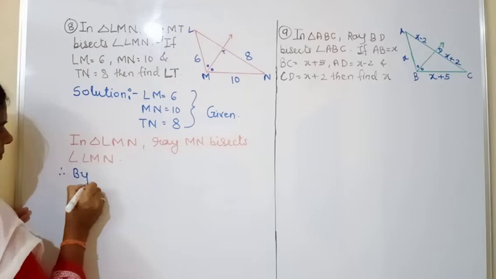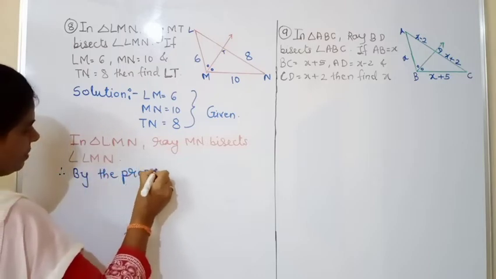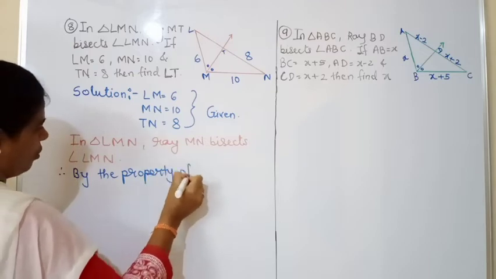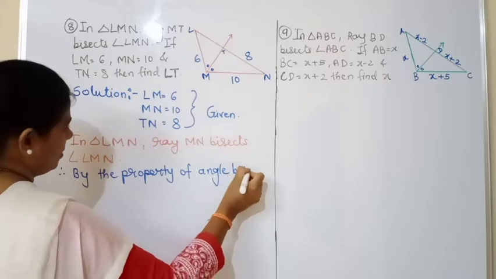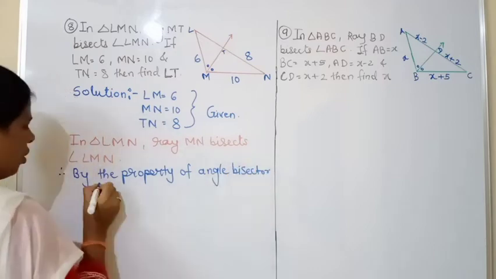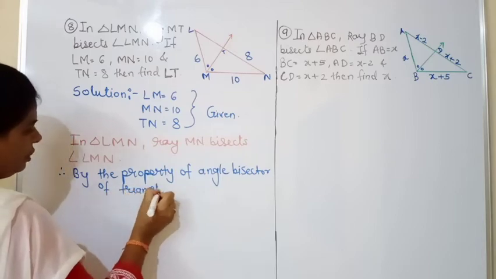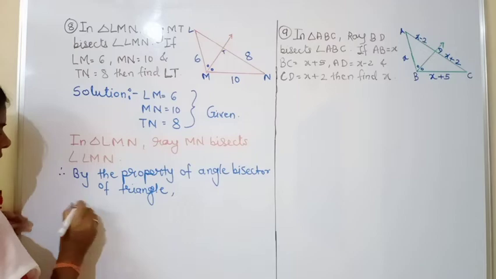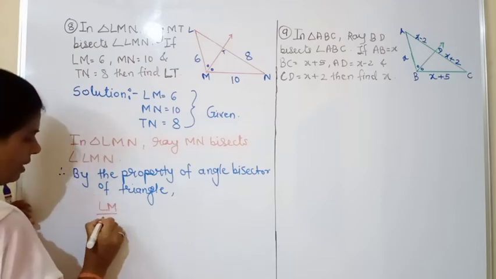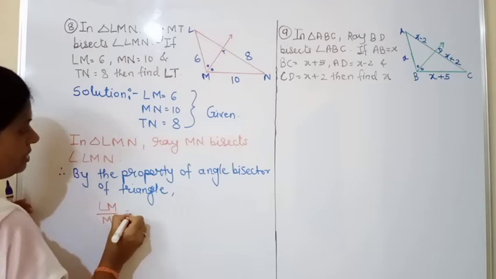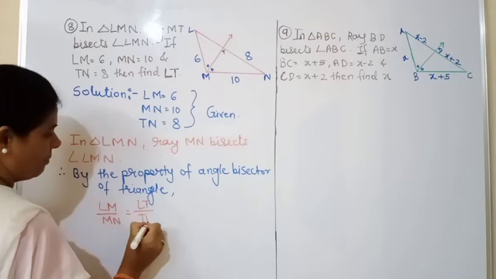Therefore, by the property of angle bisector of triangle, we will write the ratio now. What will be the ratio? That is LM upon MN is equal to LT upon TN.